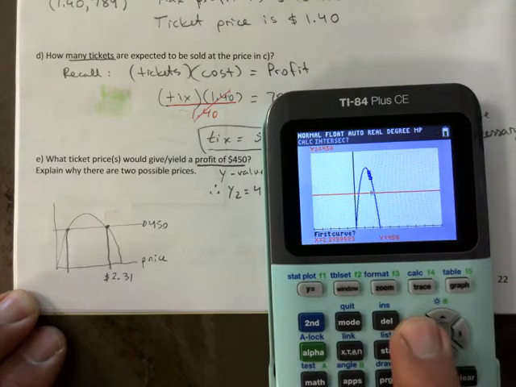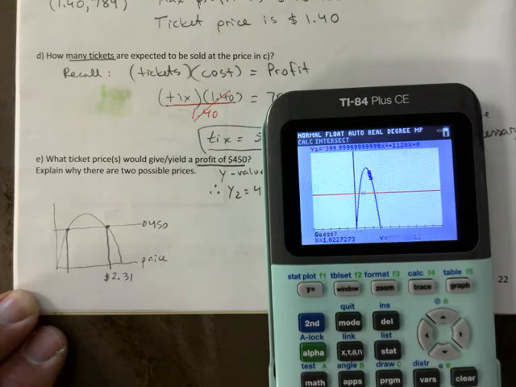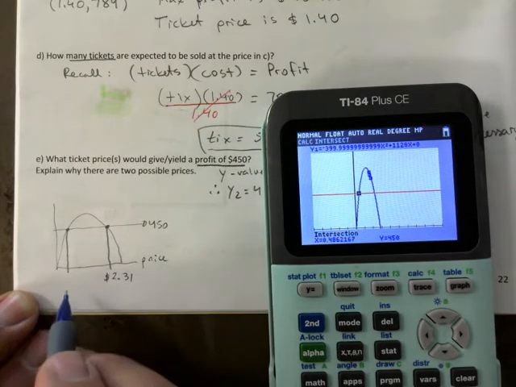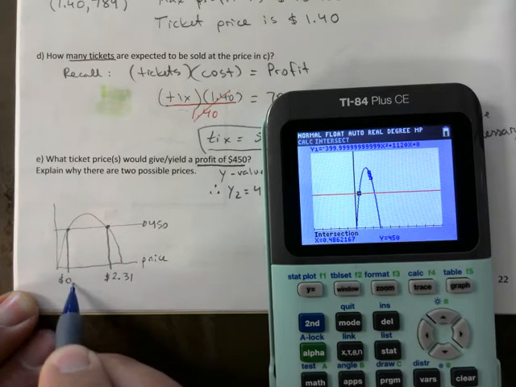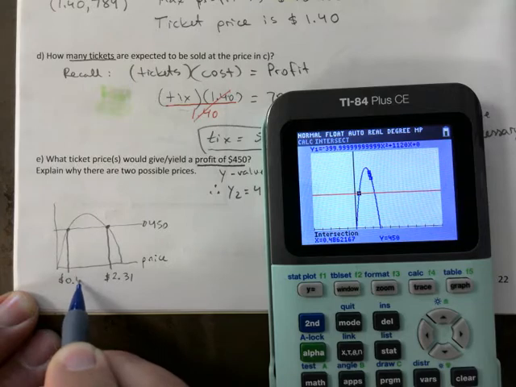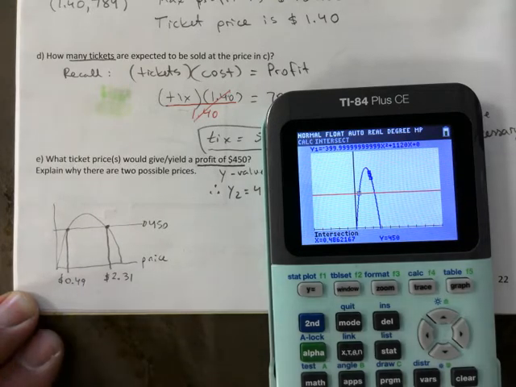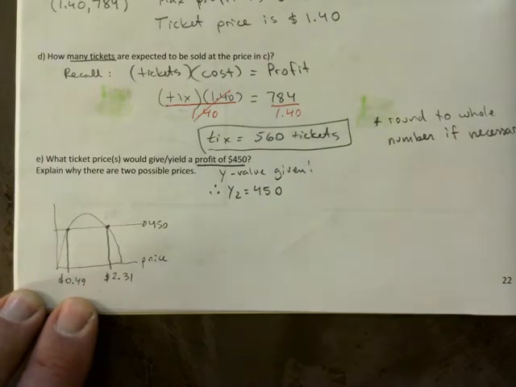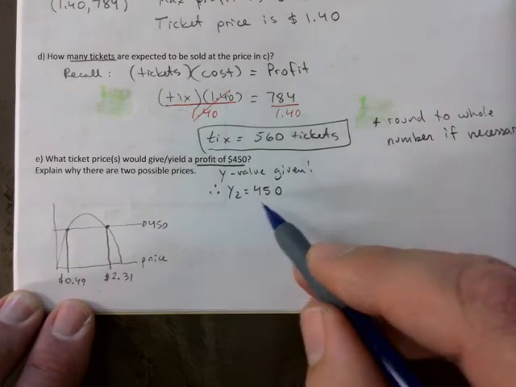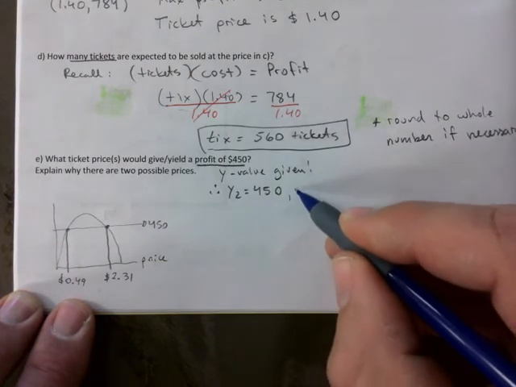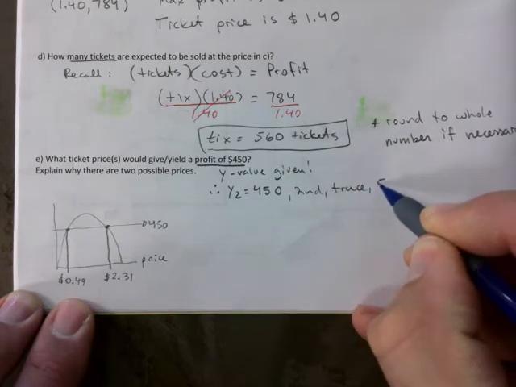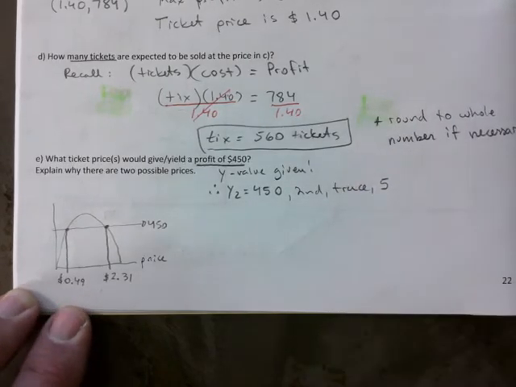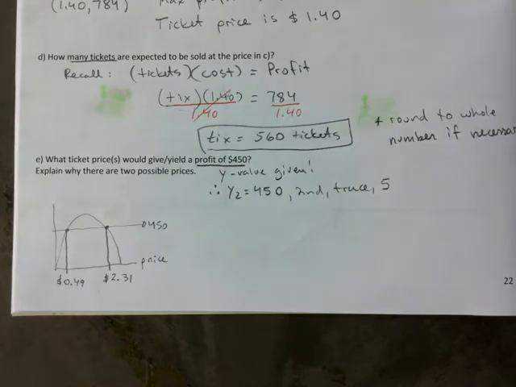And if we jump and cross the street, you have 0.49 if you round that. I'm just going to go back here, set Y2 equal to 450, and then go second trace 5 to complete the steps required.